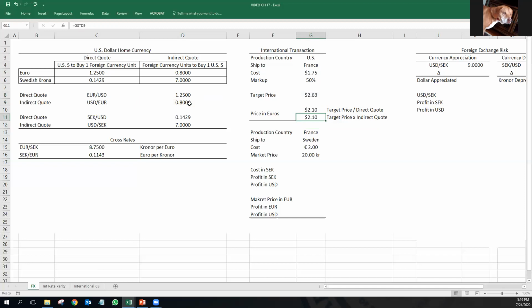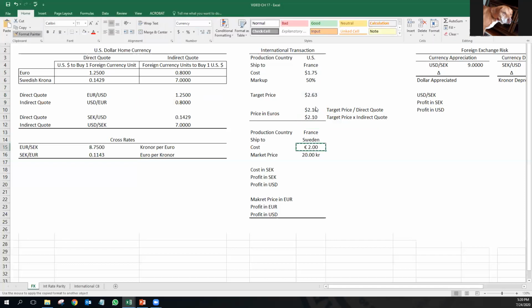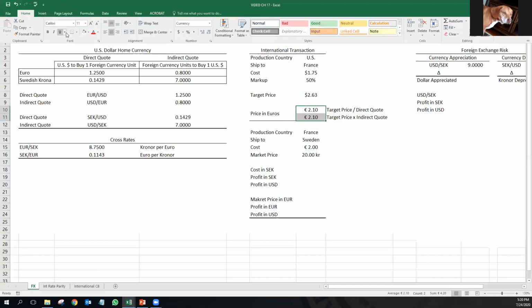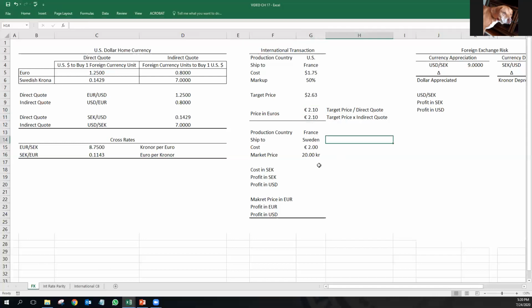Either one. You know what? That should be euros. Let's go ahead and format that. There you go. That's better. €2.10. Okay, so that's, you have a markup, and that's your pricing strategy, cost plus the markup. We call that cost plus pricing.